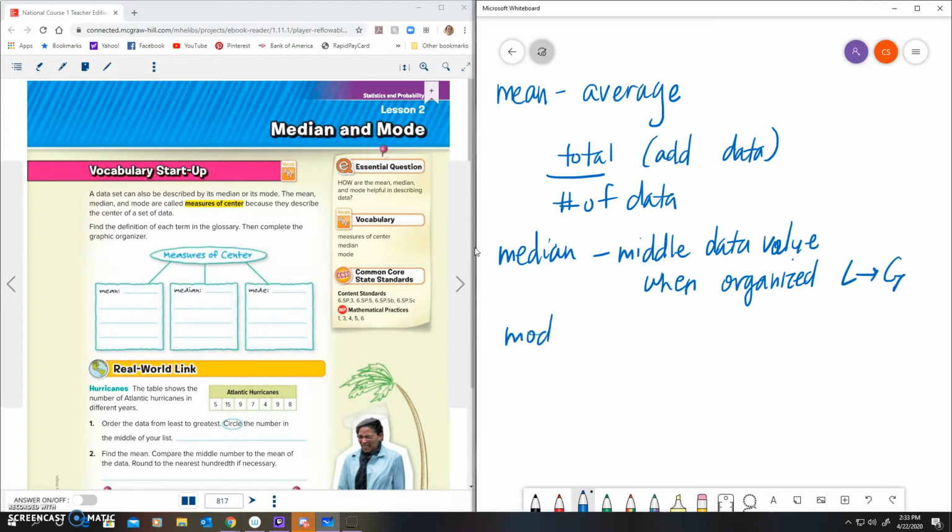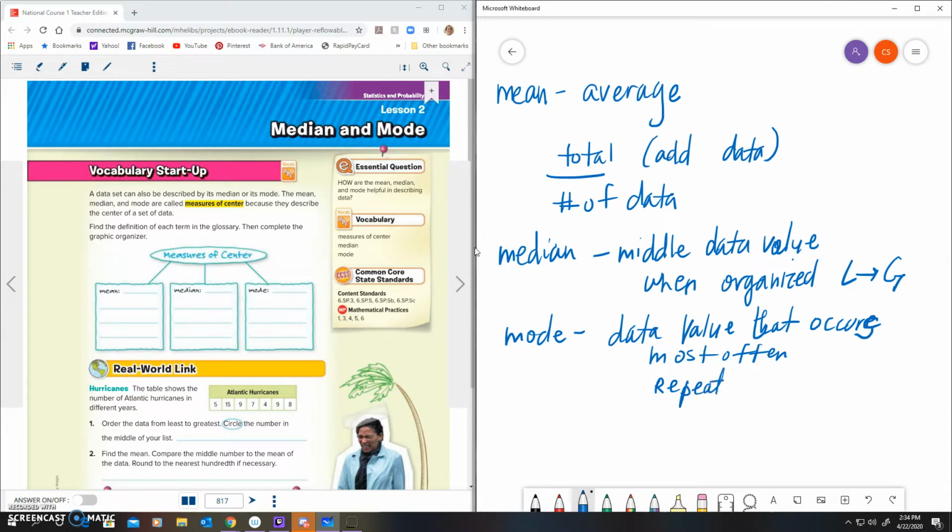And mode is the data value that occurs most, that should be an S, most often. Think of it as the repeated one. Let's fix that. Repeated. Okay?